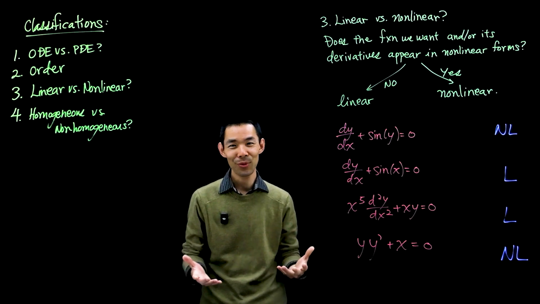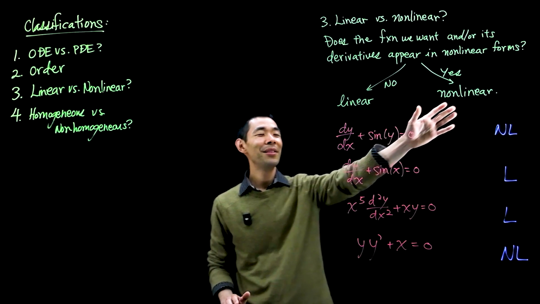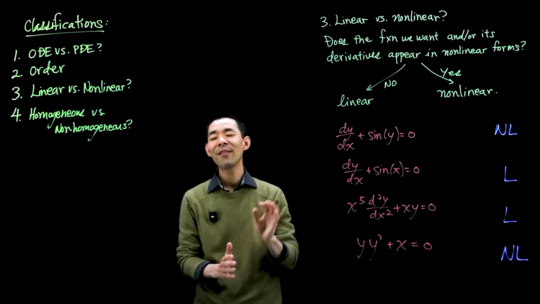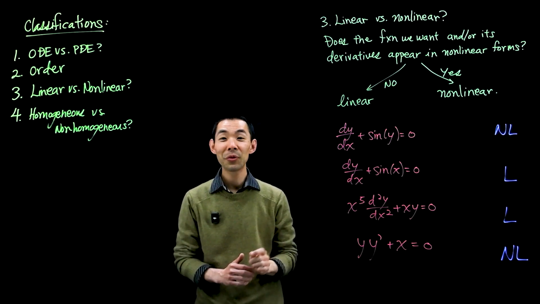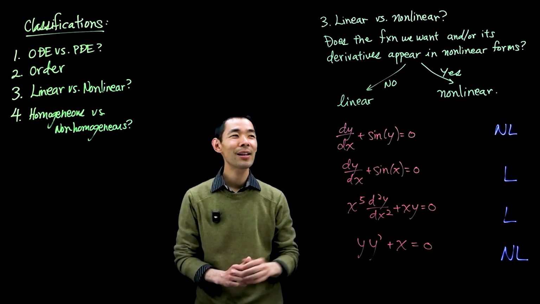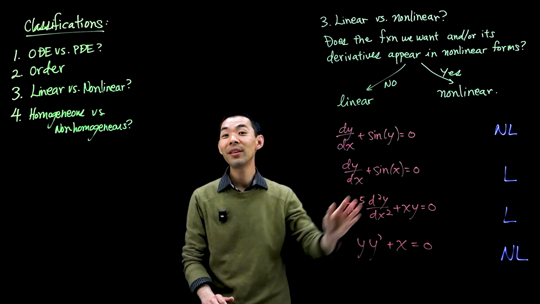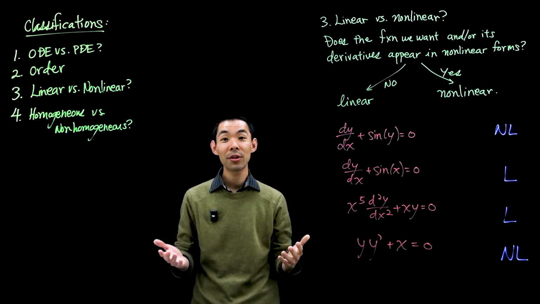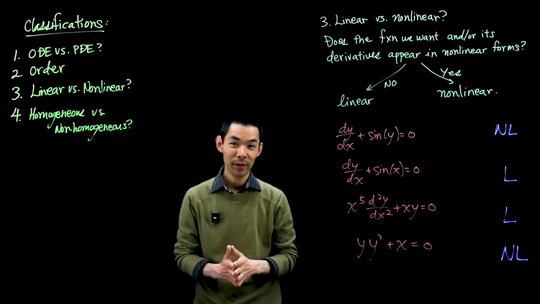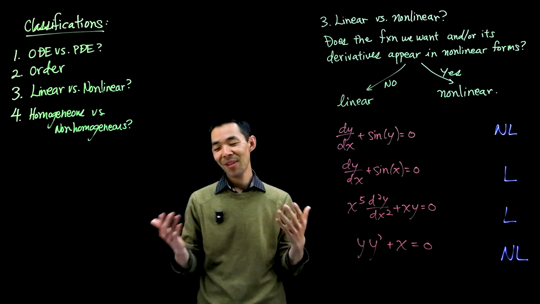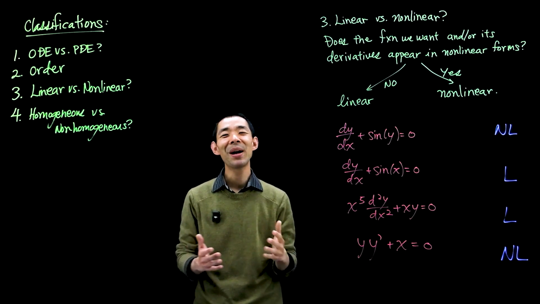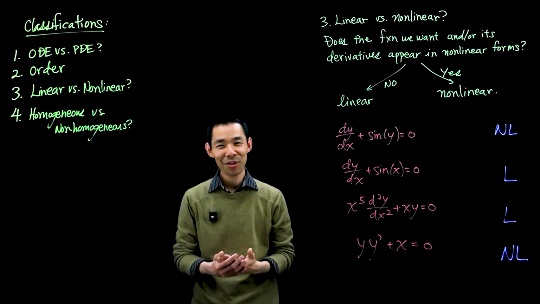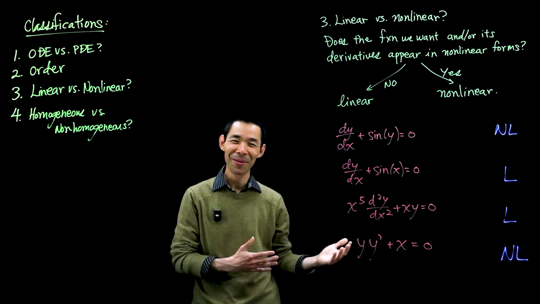We have a bunch of tools. But nonlinear differential equations, we have very, very few tools available for us. And in fact, most of the nonlinear differential equations in science and engineering are solved numerically. Many problems in science and engineering are inherently nonlinear.